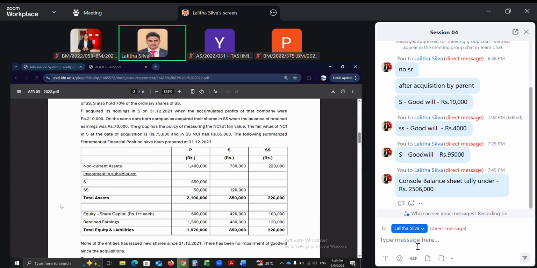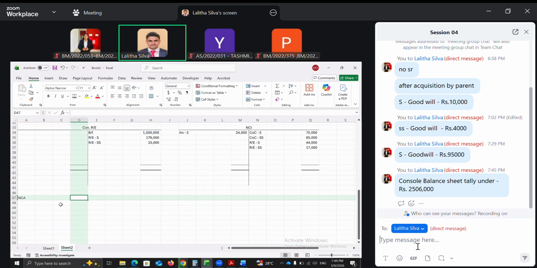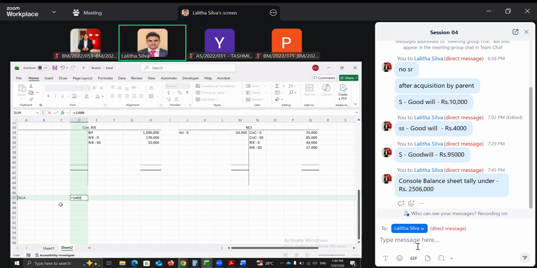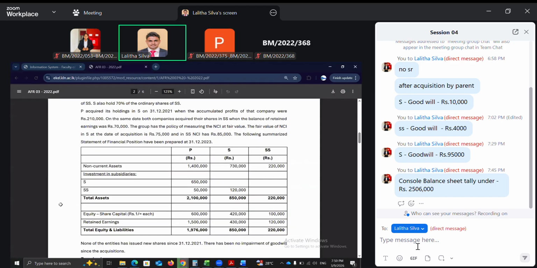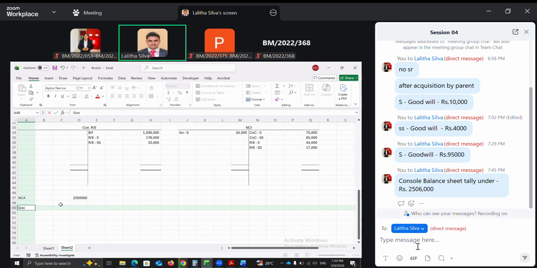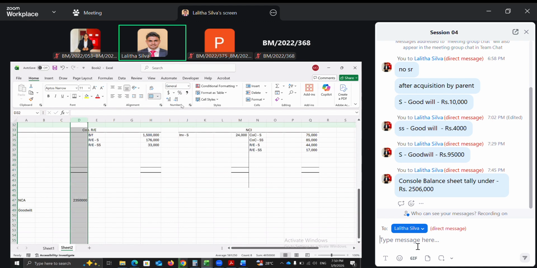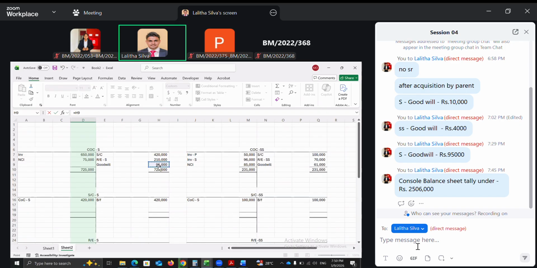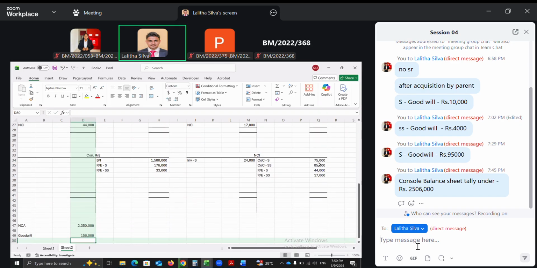Then as non-current assets, we have 1,004, 730, 220. Then the goodwill, $95 plus 61, 156.